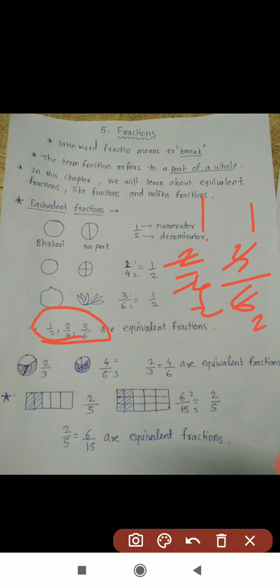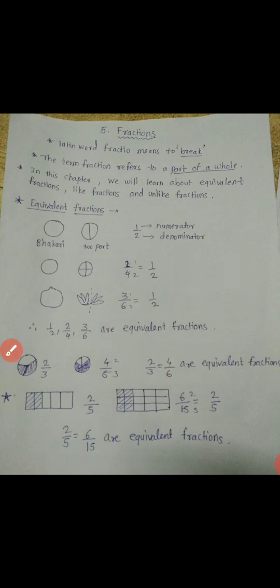Again, if you are taking 2 upon 3 and 4 upon 6, 2 twos are 4, 2 threes are 6. Both are equivalent fractions. Again if you are taking 2 upon 5 and 6 upon 15, 3 twos are 6, 3 fives are 15. So both are also equivalent fractions. Understood children what is equivalent fractions?